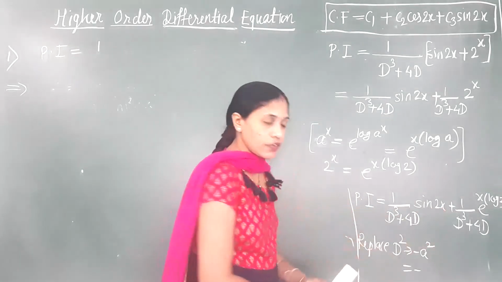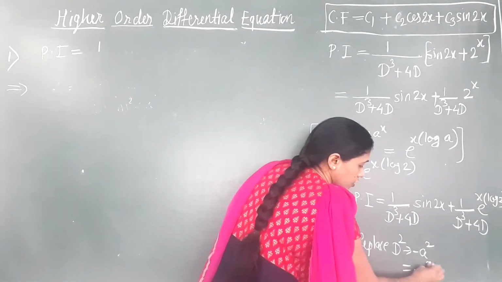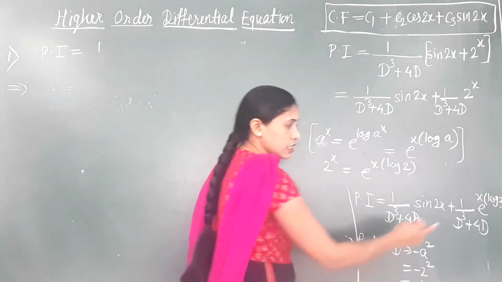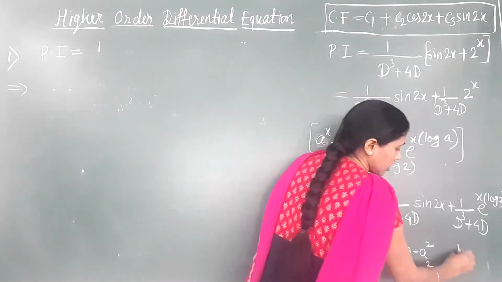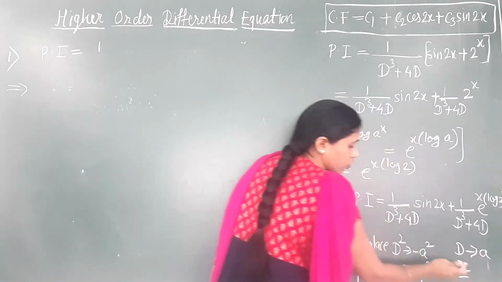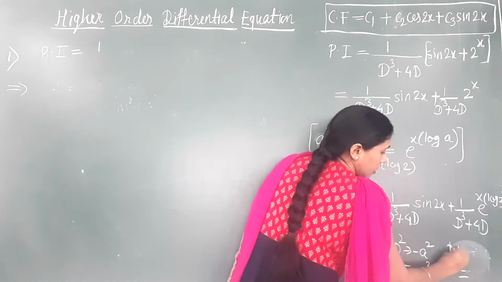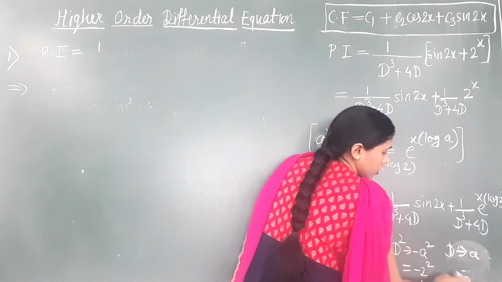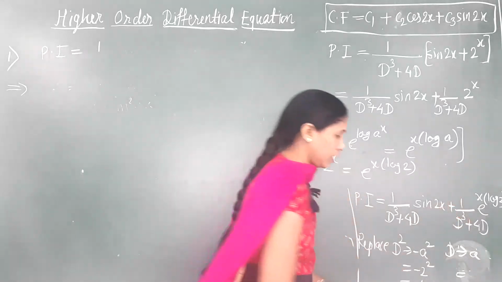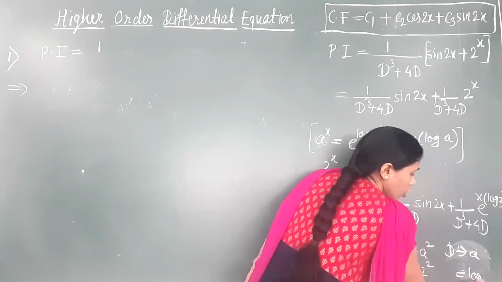So the coefficient of x is 2, so it is minus 2 square, which is equal to minus 4. And what is the exponential case? Replace D by a, where a is the coefficient of x in the exponential term, so a is equal to log of 2.